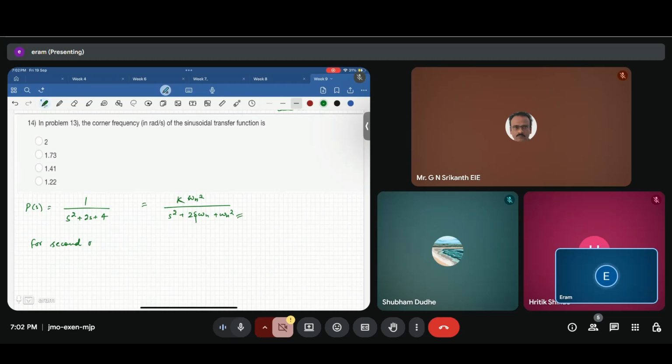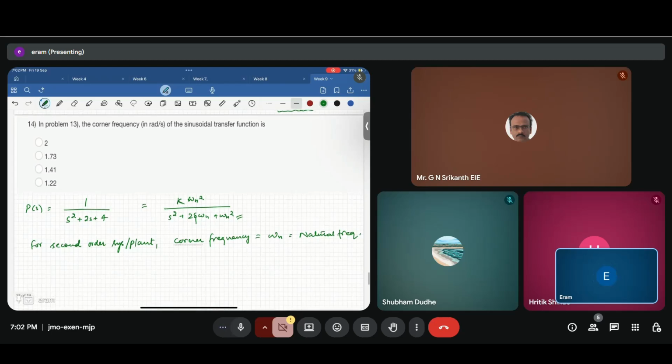So for a second order system, the corner frequency is equal to omega n, the natural frequency. And what is omega n for this plant?